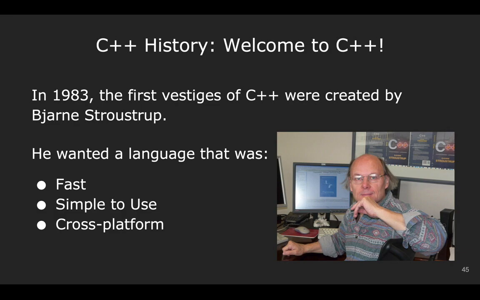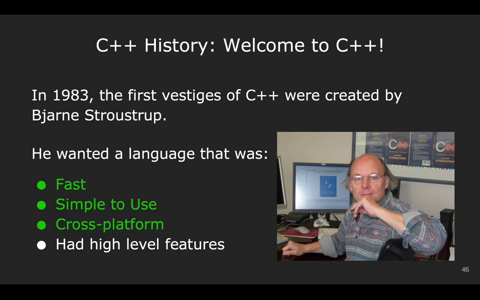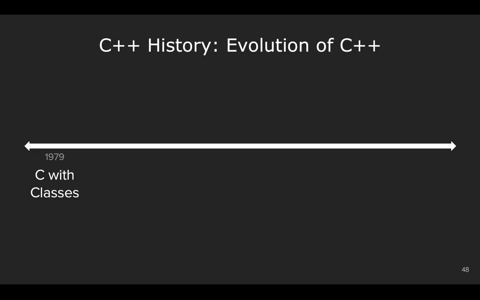Again, we still wanted a language that was fast, simple, and cross-platform, but we also wanted high-level features. C did the first three, and then Bjarne created C++ to add the last one. Because of this, a lot of people originally thought of C++ as just C with classes. It added the new functionality of being able to view your code in terms of objects or classes.